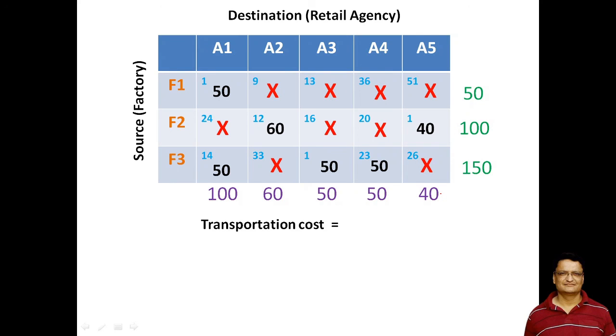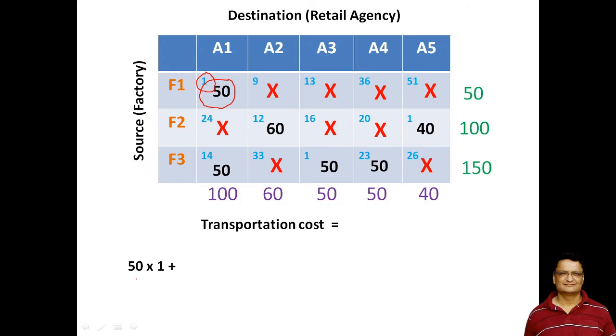Now we have to calculate the transportation cost. How will you calculate the transportation cost? The transportation cost is given by the number of units you are transporting times the cost of unit transportation.